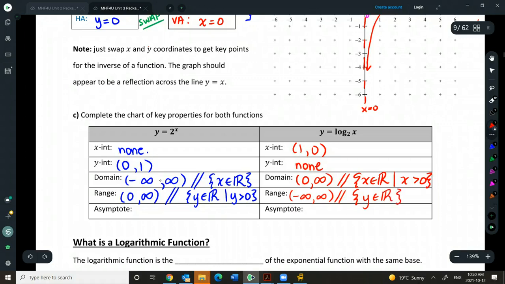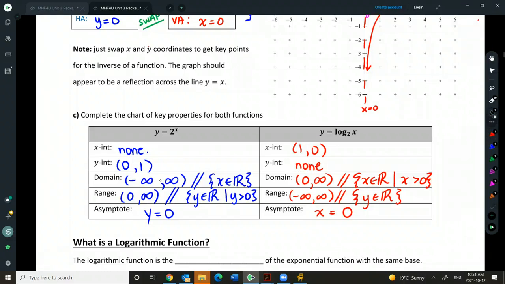Okay, and then we wrote our asymptotes above. So the asymptote on the blue function was the line y equals 0, and then on the red function, the logarithmic function was x equals 0. Okay, so a couple things that you should notice here. The domain and the range of the original function and the inverse function are sort of like swapped, right?